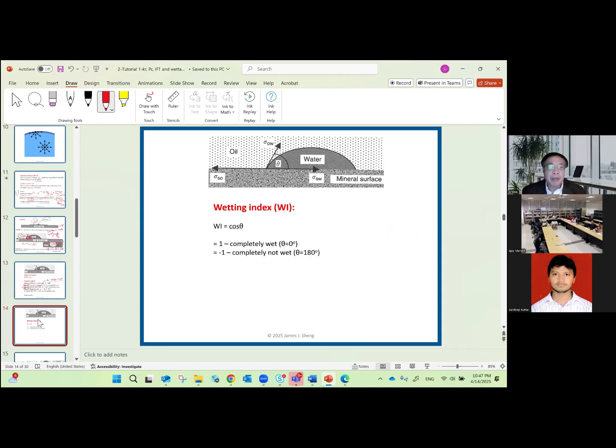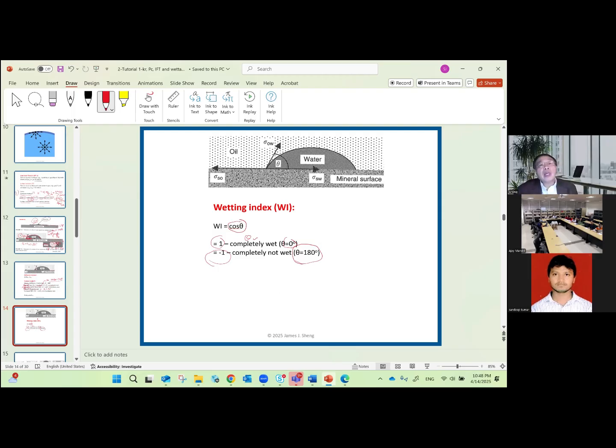All right. So simply, we use the contact angle to describe wettability. Sometimes we do not use the angle, we just use the cosine theta value. Obviously, if theta equals 0, then cosine theta equals 1. If theta equals 180 degrees, then cosine theta will be -1.